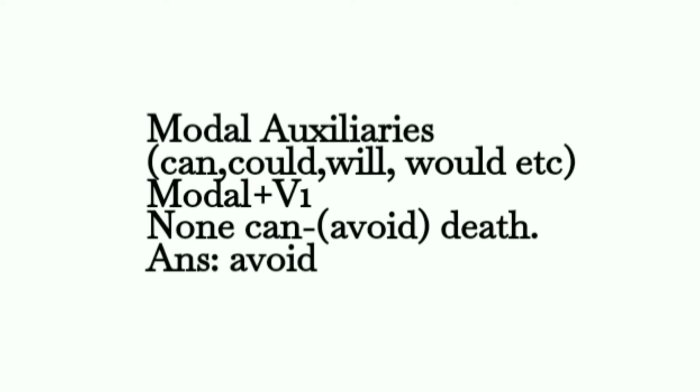That means after modal auxiliaries, we have to use the base form of the verb. For example, none can avoid death. Here, the verb is avoid, and we can see the word can, an modal auxiliary. So, the answer will be avoid.